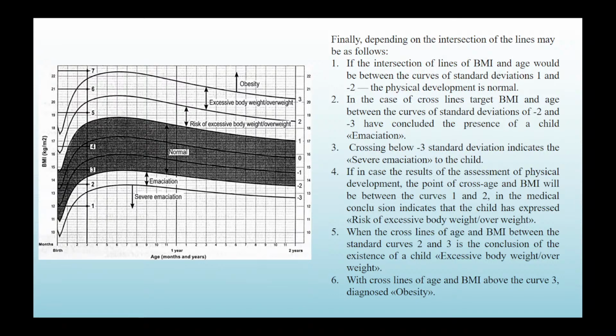When the crossing lines of age and BMI are between the standard curves 2 and 3, the conclusion is excessive body weight, overweight. With crossing lines of age and BMI above the curve 3, obesity is diagnosed. You can see these parameters.